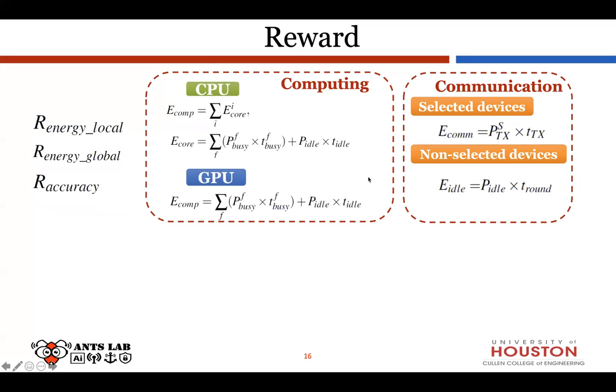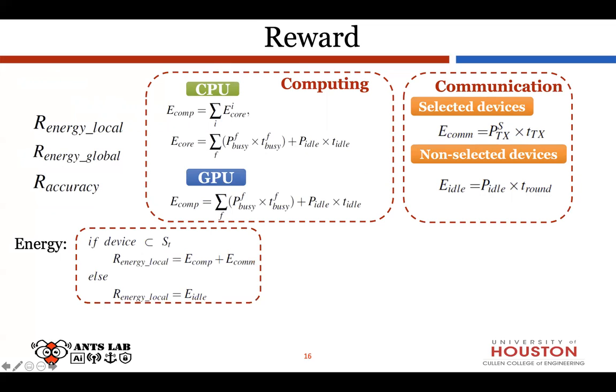And with these two parts, we can calculate the local energy consumption as shown here. If the device is selected, the local energy consumption can be computed as the computing energy plus the communication energy. Otherwise, it only includes the idle energy consumption. And the global energy consumption can be calculated as the sum of all the local energy consumption.